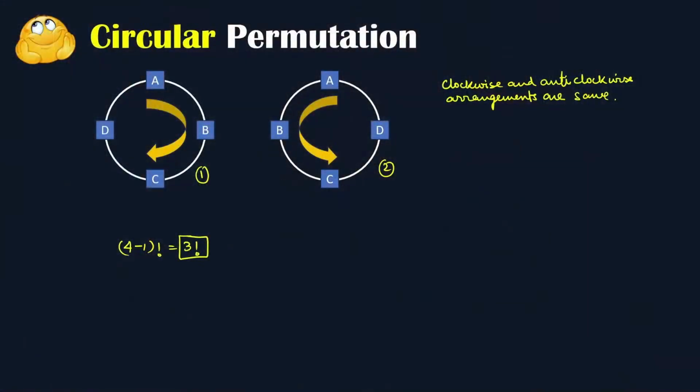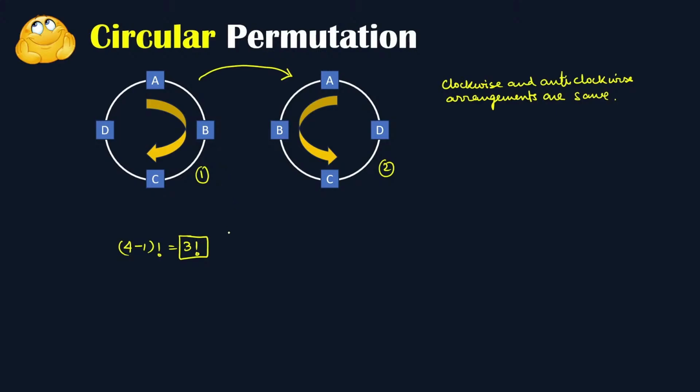Think about it. What we have done, if you see the figure, you will find that I have simply flipped this figure to get this one. And both these arrangements are same. That is, clockwise and anti-clockwise arrangements are same.